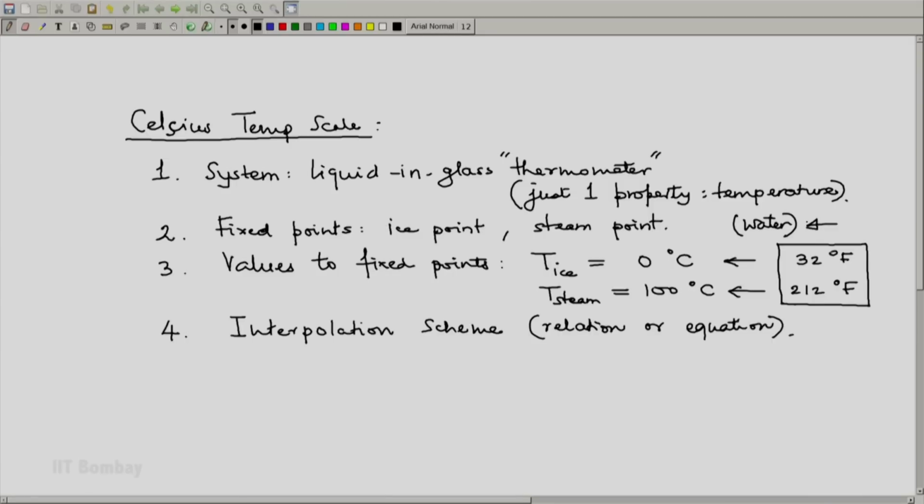Another restriction when you use a liquid in glass thermometer is the fluid which you use. If you use mercury as the capillary fluid, then it is perfectly okay to use it between 0 Celsius and 100 Celsius. You could even extrapolate it a bit.